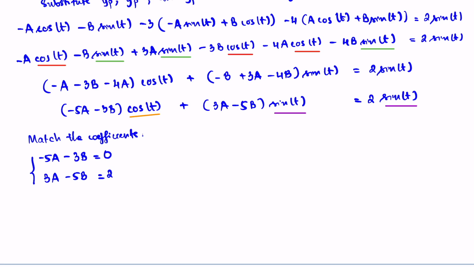Now you have to follow the procedure to solve this system of linear equations. You can either use substitution or the elimination method to obtain the values of capital A and capital B. So I'm going to leave that to you to do the work. If you do the work correctly, you should get capital A equal to 3 over 17, and capital B equal to negative 5 over 17.